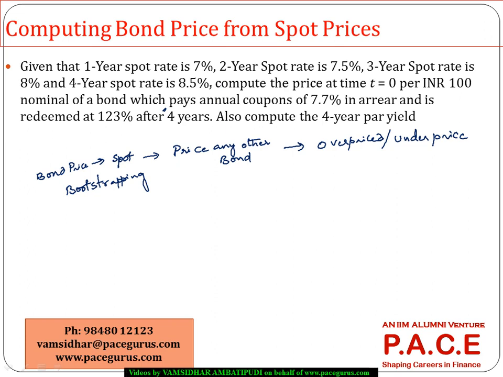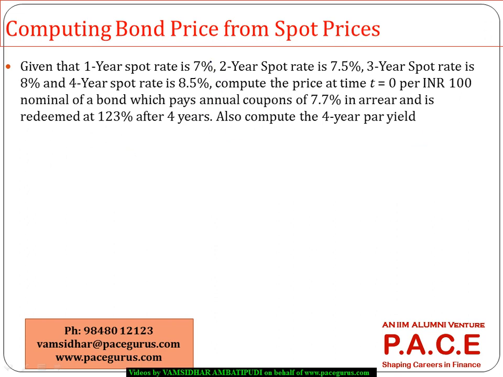So just getting into it, we have a 1 year spot rate, a 2 year spot rate, 3 year spot rate, and 4 years. We have also understood that the clear definition of the spot rate is nothing but that particular rate when I am investing something today and I am receiving everything at the end of that particular period.